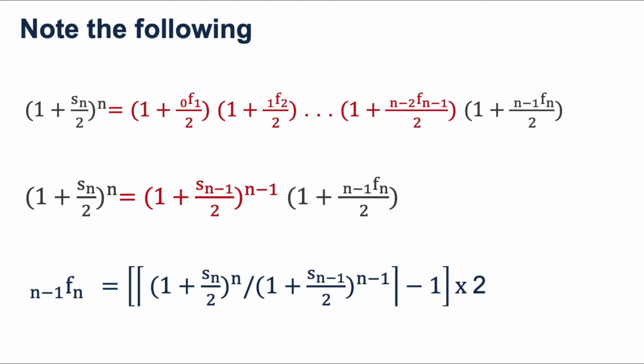Note that I can rearrange those terms and solve for the forward rate. Now, what this is useful for is finding the forward rates given a range of spot rates, and we will often see spot rates but not the forward rates. So if we have the spot rates, we can solve for the forward rates.